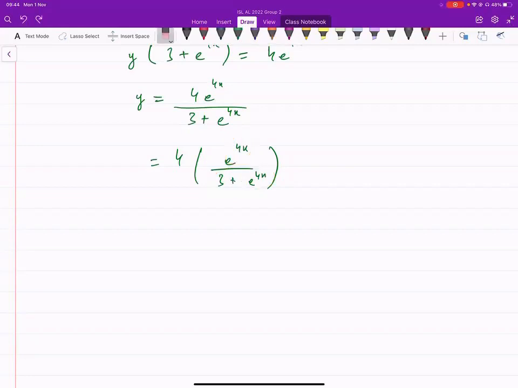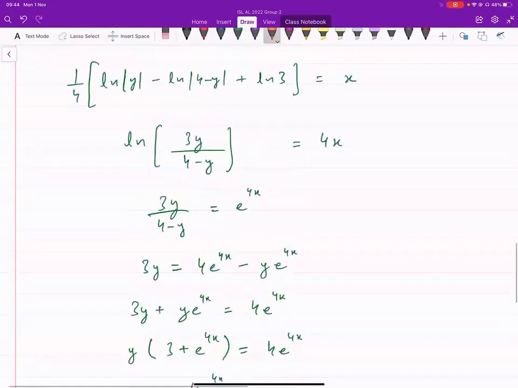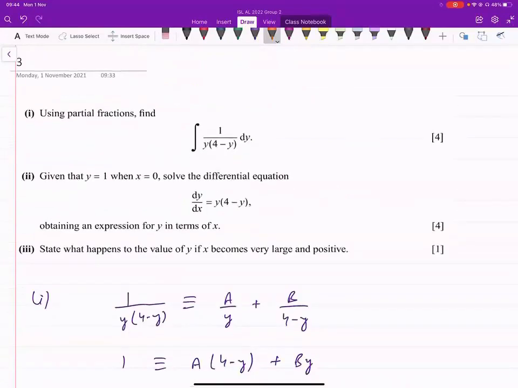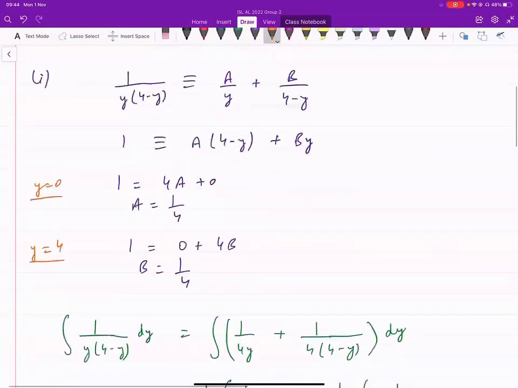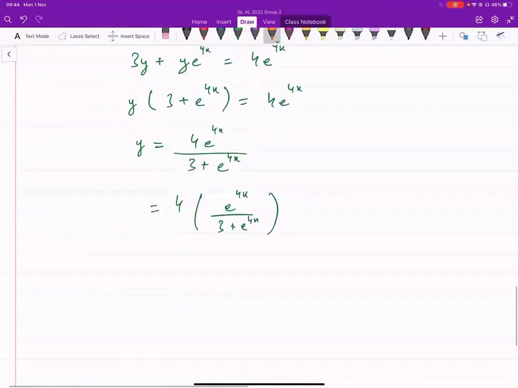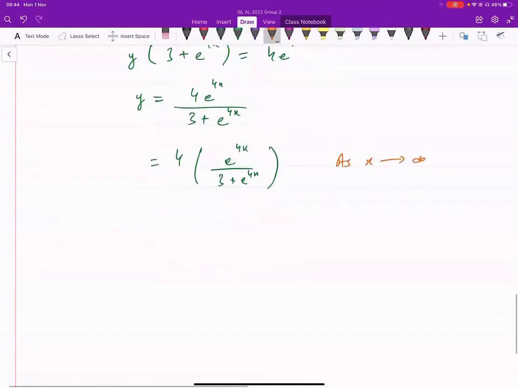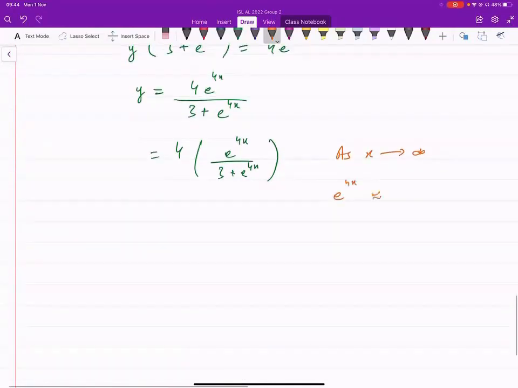Oh, the 4 comes down, sorry. Yes, 3 plus e raised to power 4x. You don't need to write this here; you don't have to explain this process. In such questions they will just say state the value of something, so you don't really have to show any process there, but this is the reasoning behind it. What are we thinking here? We're basically saying as x goes to infinity, e raised to power 4x is actually the same thing as 3 plus e raised to power 4x.